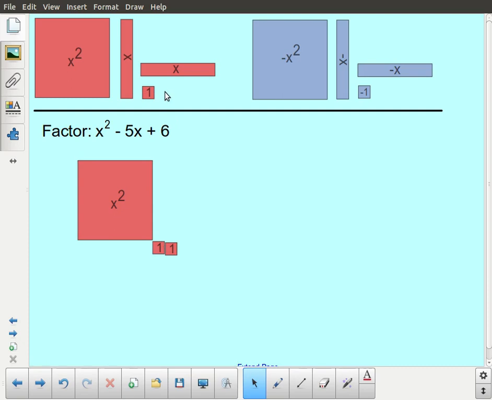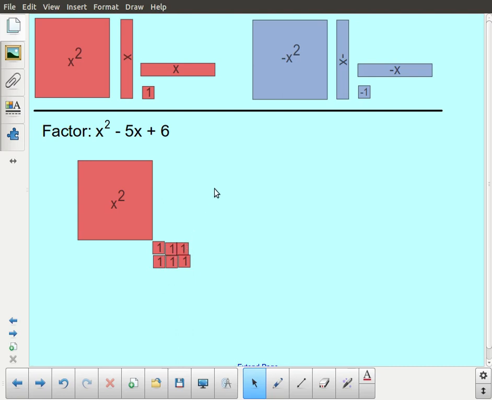Now there's a couple of ways that I could orient these things. So for example, I could do all 6 of them in a row like this. Or I could do a 2 by 3 rectangle. And I could also have done 6 in a row vertically, but that actually doesn't matter.